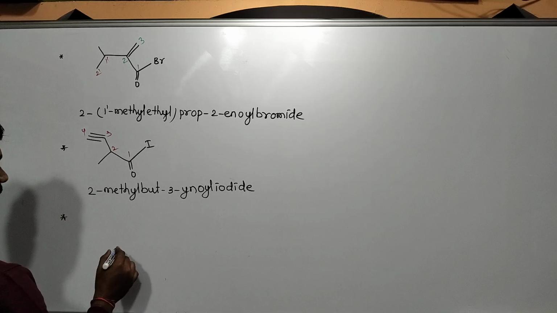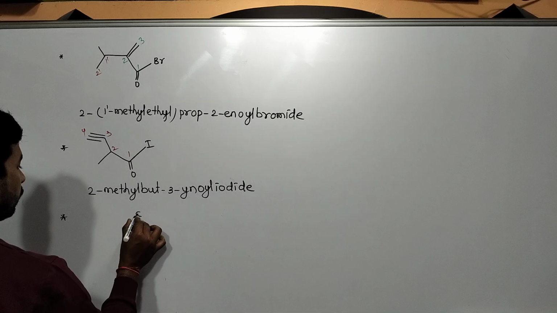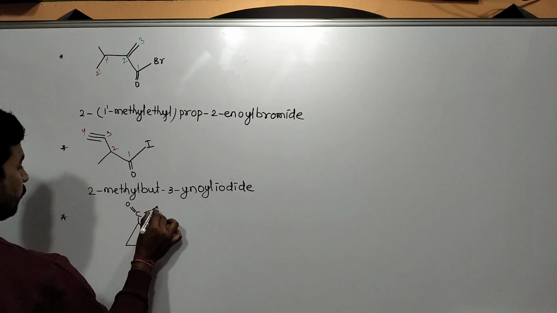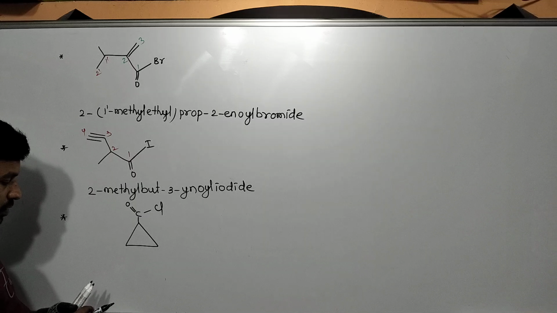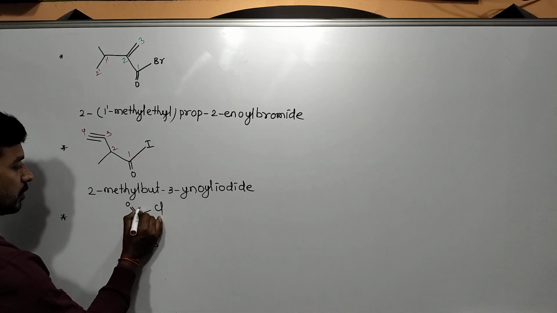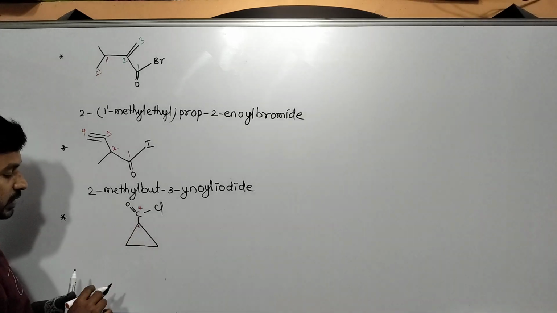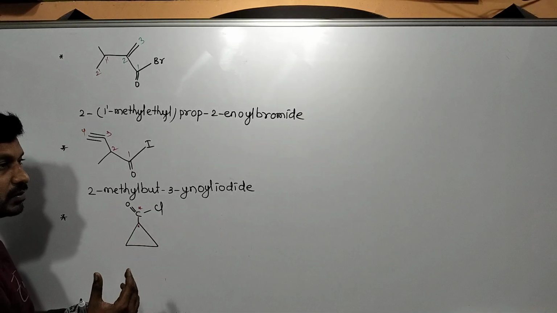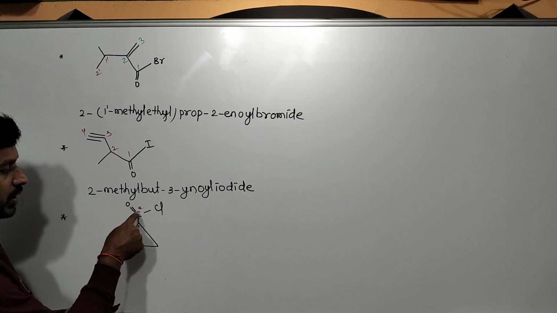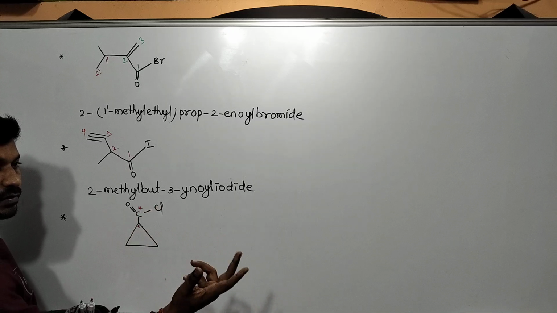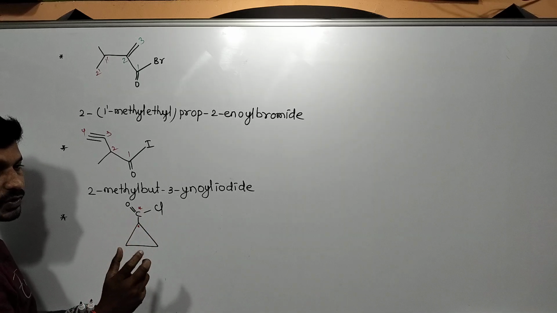Taking the next example, if the molecule is this one, then here the carbon atom of the functional group is directly attached to the ring. In this case, we have to take a special secondary suffix, that means carbonyl chloride, just like carbaldehyde and carboxylic acid we have taken in previous functional groups.